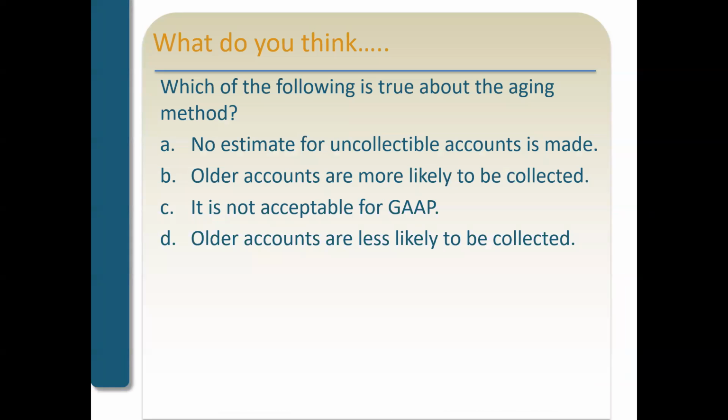Guys, which of the following is true about the aging method? A, no estimate for uncollectible accounts is made. B, older accounts are more likely to be collected. C, it's not acceptable for GAAP. Or is it D, older accounts are less likely to be collected? What do you think?